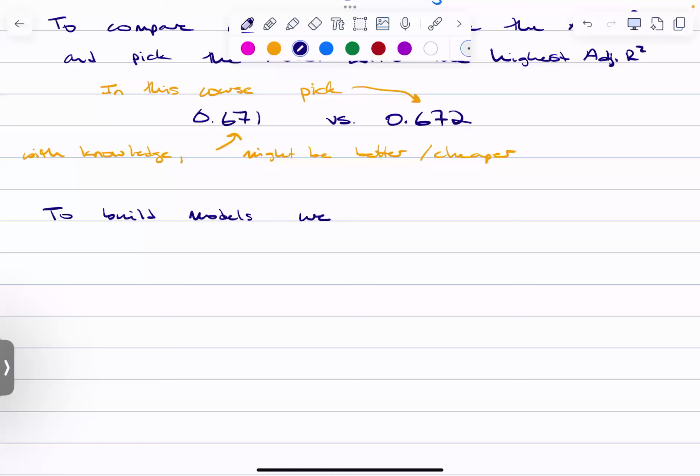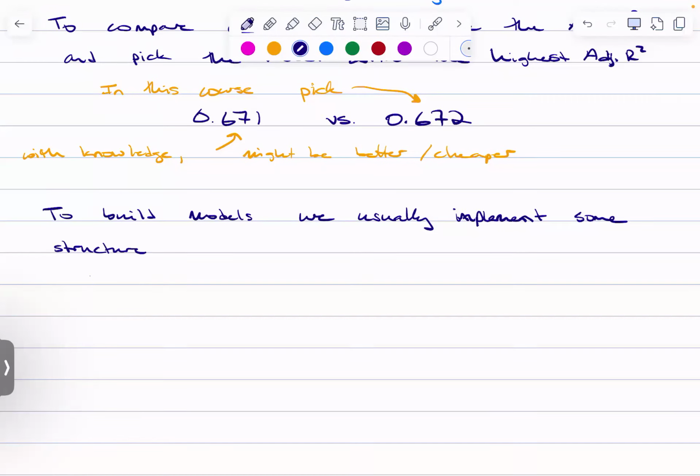We usually implement some structure as we work through these models.